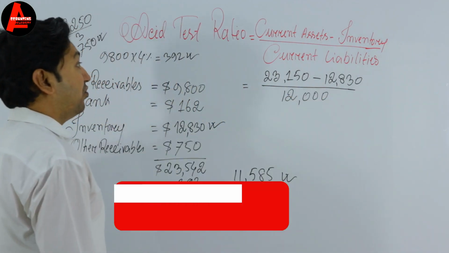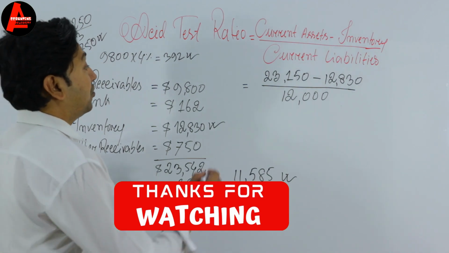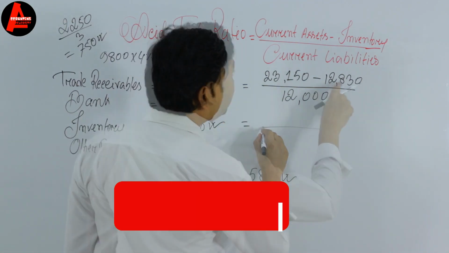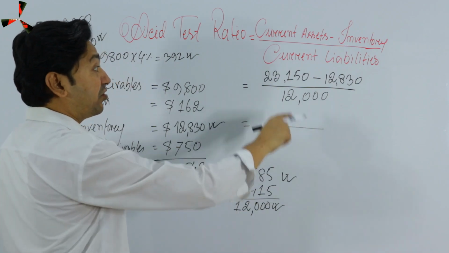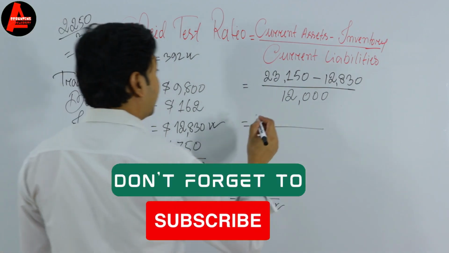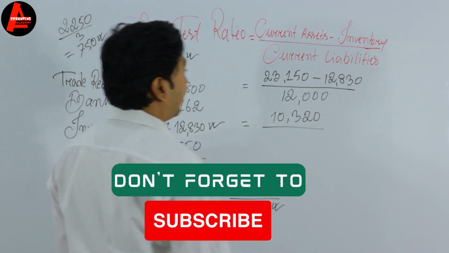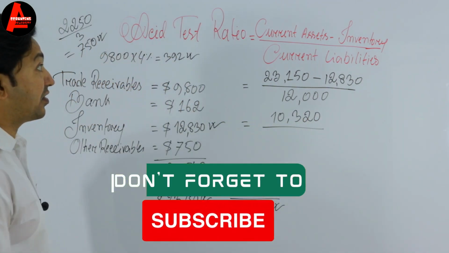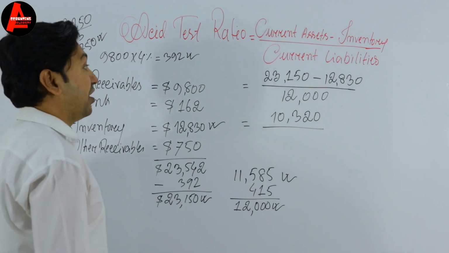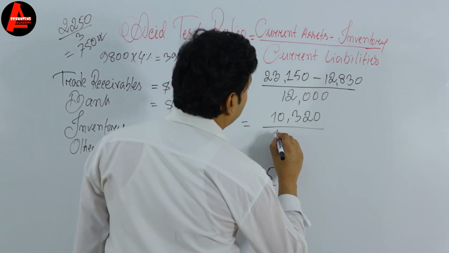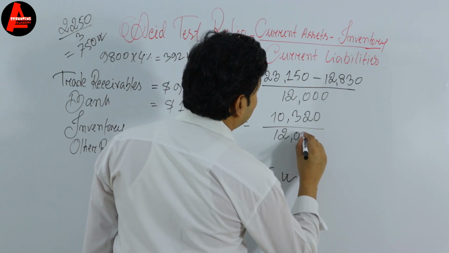Now we will simplify. If we subtract 12,830 from $23,150, we get here $10,320. This is our current asset minus inventory, and here we have $12,000.